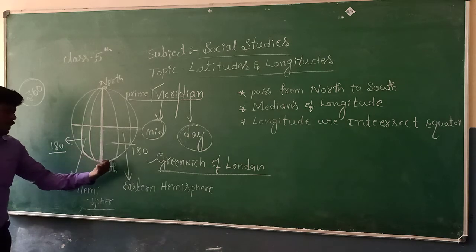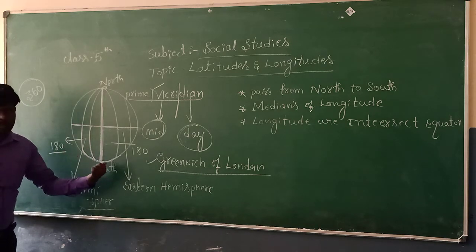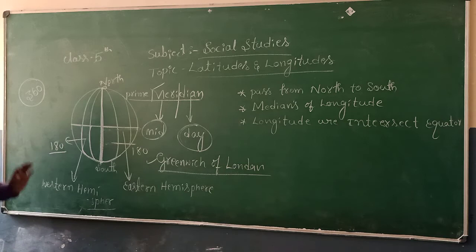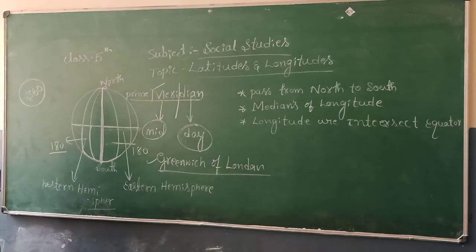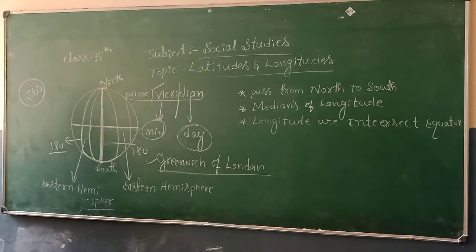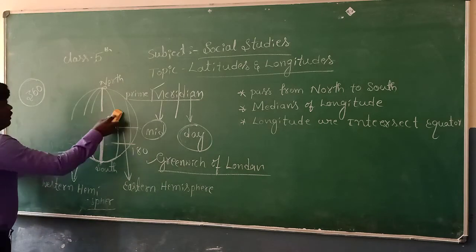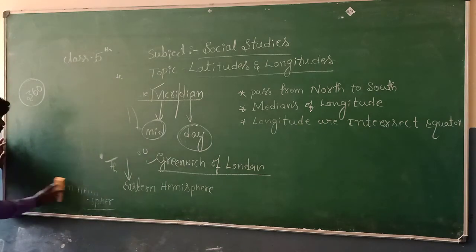They are curved at the poles. These are the main basic features of longitude.